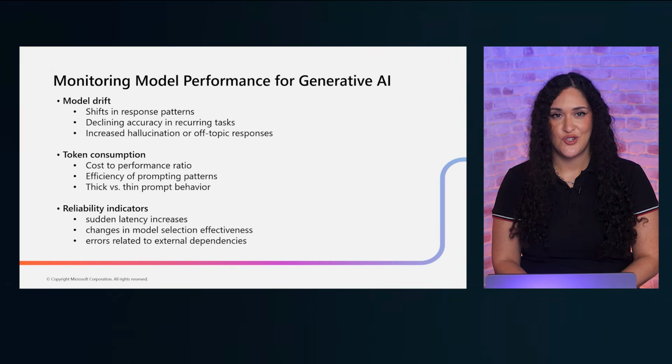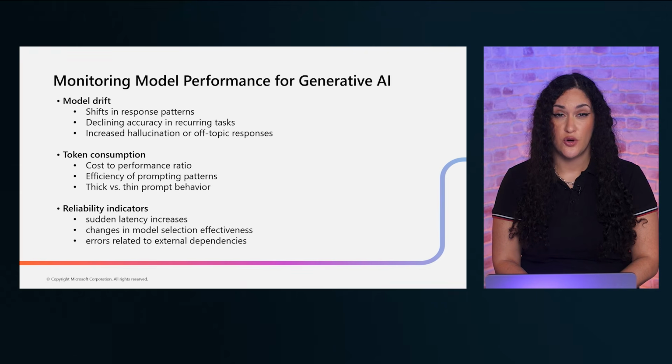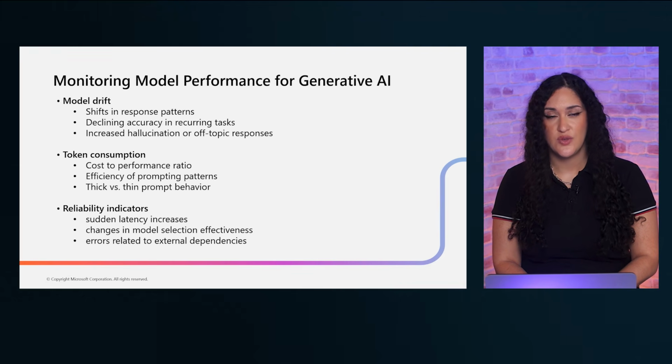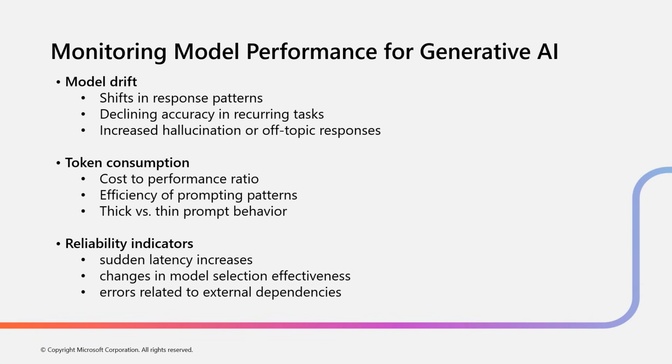Even when your agent logic is perfectly stable, model-driven behavior can shift over time. You might see shifts in response patterns, declining accuracy in recurring tasks, or increased hallucination and off-topic responses. Token consumption is another critical area. Watch the cost-to-performance ratio and the efficiency of your prompting patterns, including whether thick versus thin prompts perform differently.